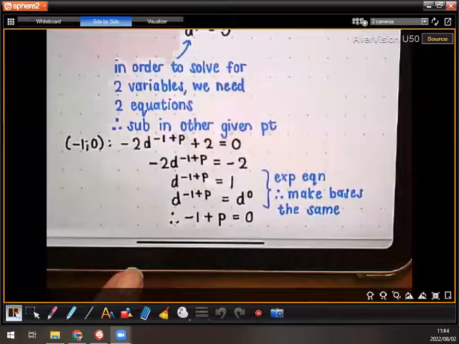Let's just make a note here. Exponential equation, therefore make bases the same.